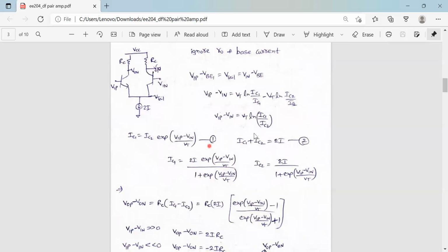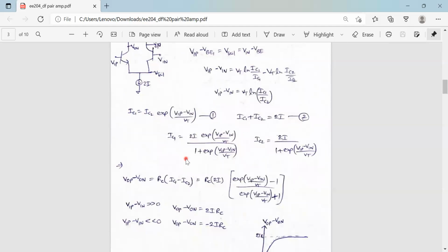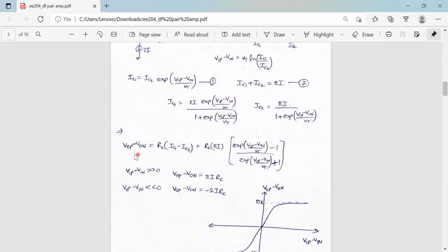If we solve these two equations, we get IC1 and IC2, and we can find the output also. VOP minus VON is equal to RC into IC1 minus IC2. We already got IC1 and IC2, so we can find the output difference.